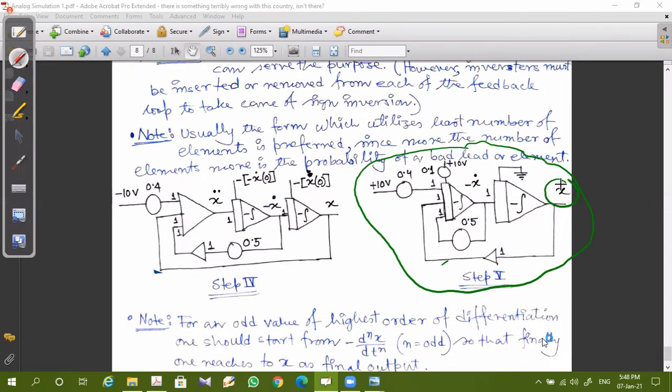You need not bother about your intermediate variables or anything, right? So this will give you direct solution to the differential equation without any fuss. You just need to make sure that all the relations are maintained properly throughout the circuit.